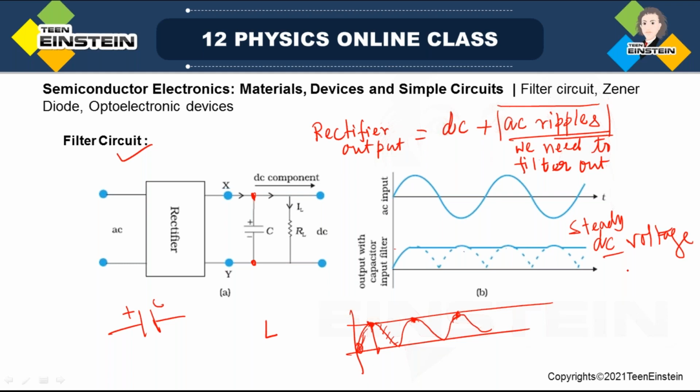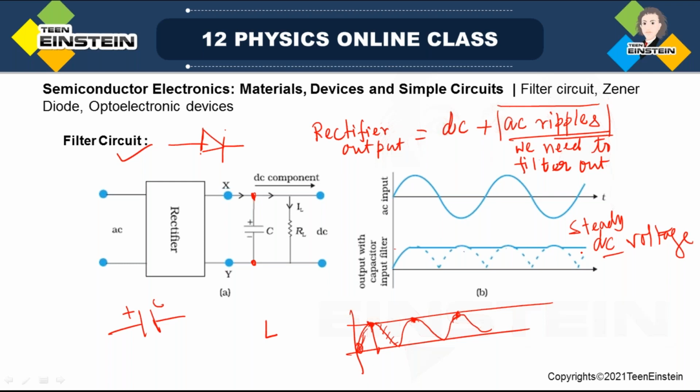Whenever you use a junction diode as a rectifier, there will be an associated circuit which is called filter circuit, and from the filter output you get the steady DC voltage. So this is about filter circuit.